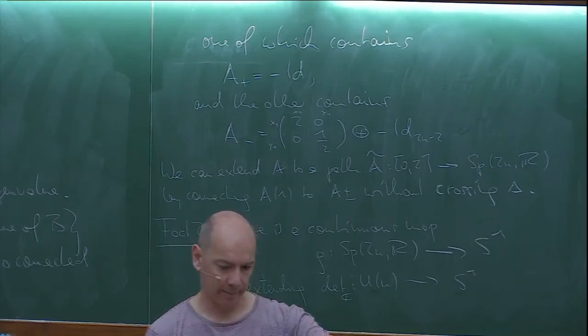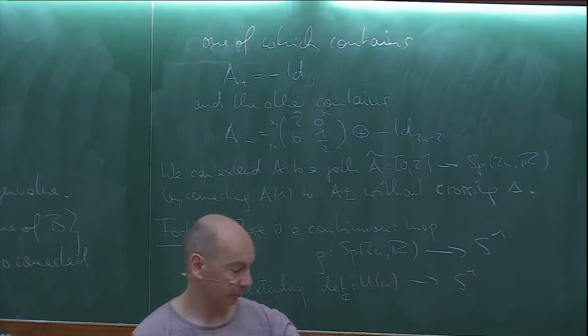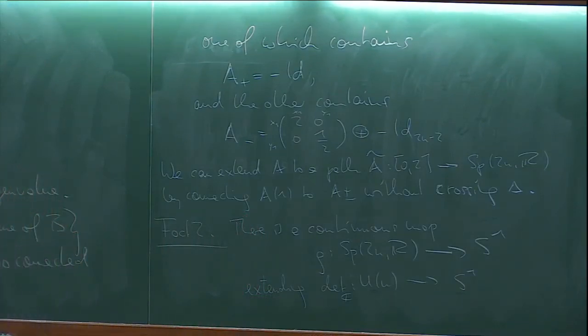So the Hamiltonian flow, this is phi t, moves along gamma, right?